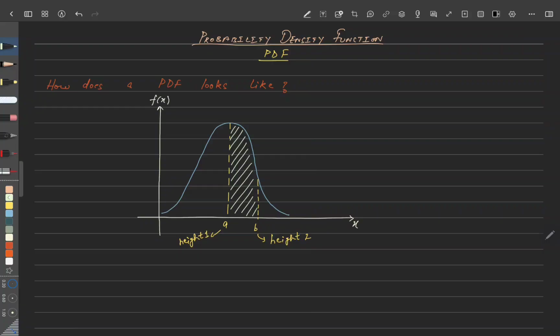And obviously x is also height. And this f of x is nothing but PDF.